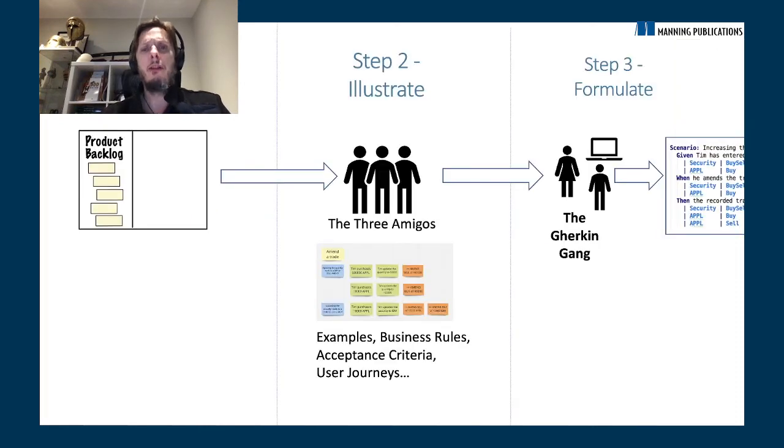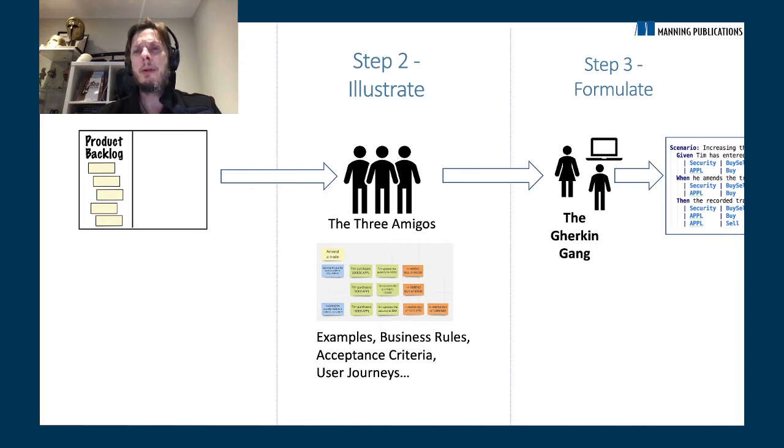And so what we found was that rather than writing your given when then statements either before or during the Three Amigos session, the best way to do it is to do it after the Three Amigos session, in a separate session. So the Three Amigos session is where you discuss business rules, you discuss examples, you discuss edge cases and constraints, outcomes that you're trying to achieve, but you don't try and go into the syntax of this given when then.